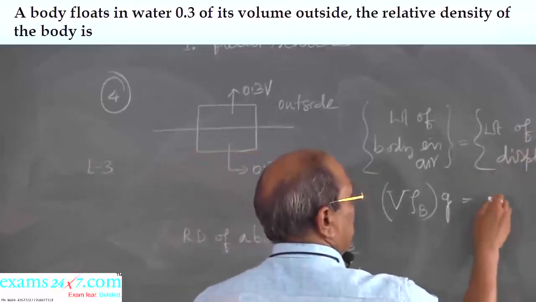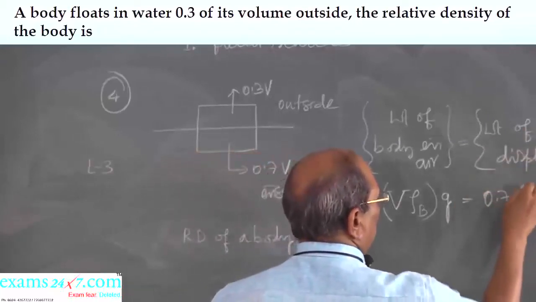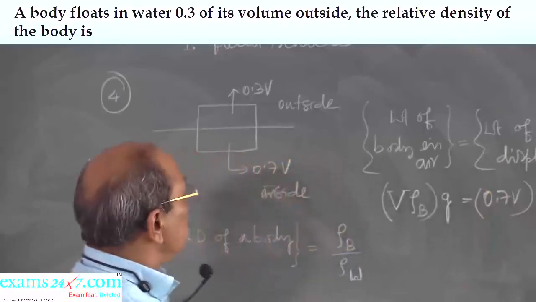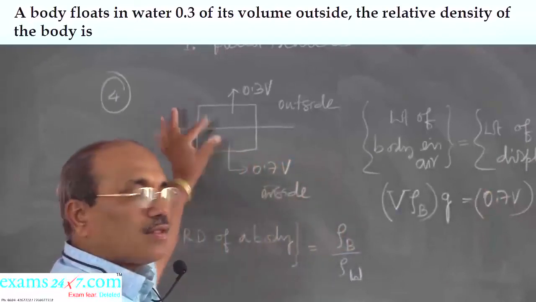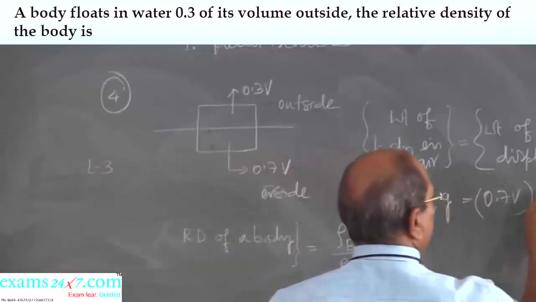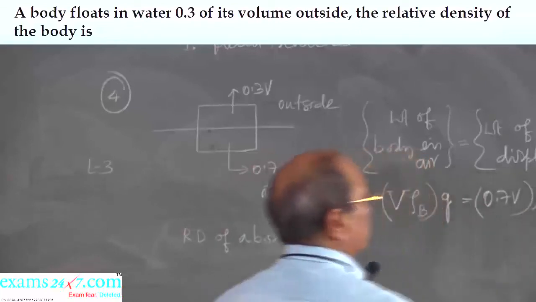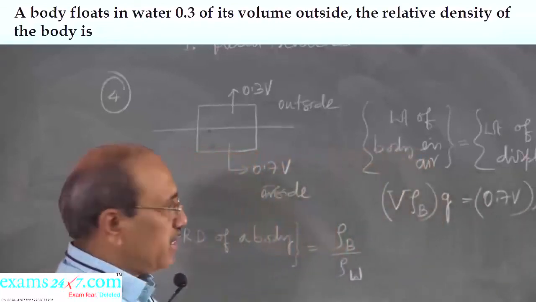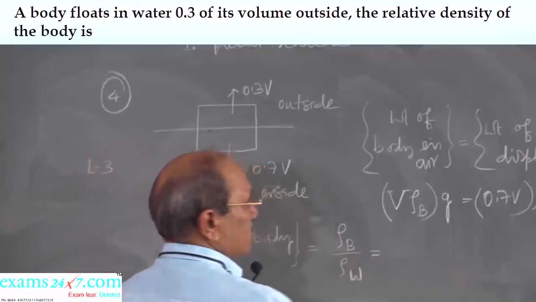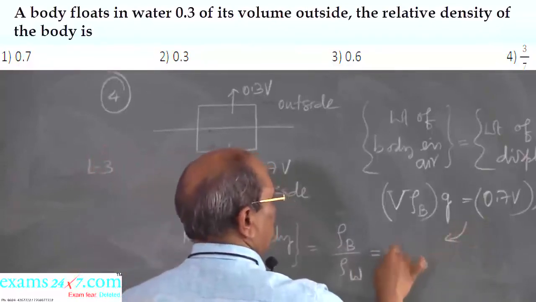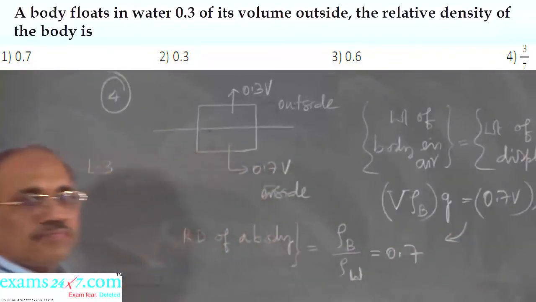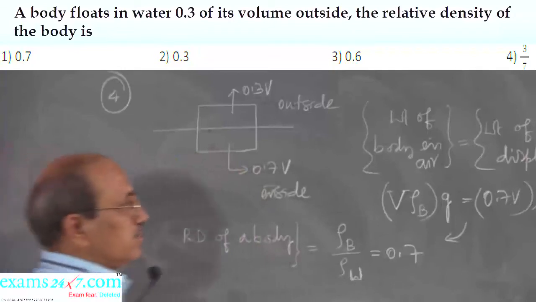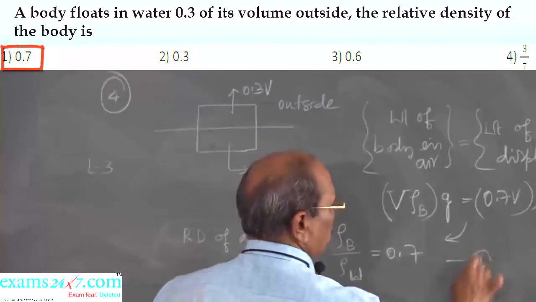Weight of liquid displaced: 0.7 volume, because immersed portion only, into density of liquid into G. V common cancels. Our aim is to get this. What you will get is 0.7. Others are cancelled. Answer is again option number 1.